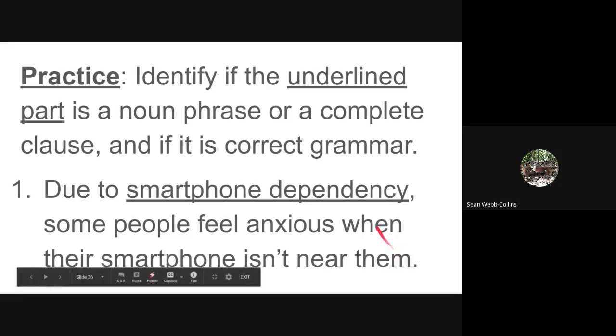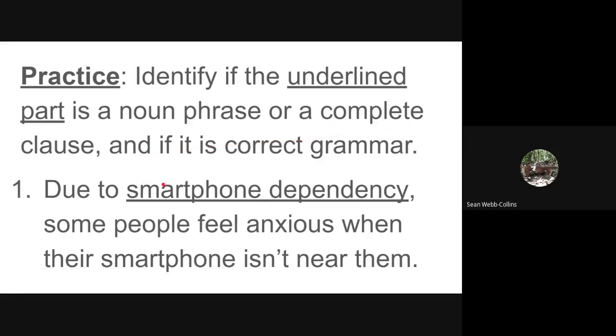Read through the sentence and determine if the underlined part is a noun phrase or a complete clause, and if it is correct grammar. Go ahead and pause the video now to determine the answer. I'll give you 20 seconds.